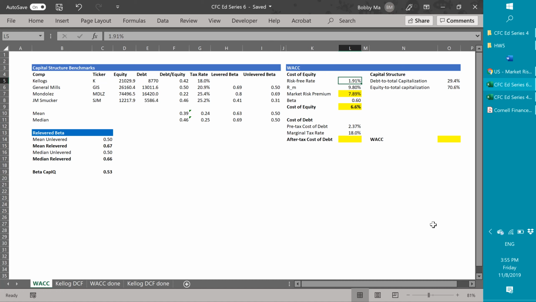As you can see, the Kellogg's bond is greater than the risk-free rate, and that makes sense because the government is risk-free and a company's not. You can also look this up on some database like Bloomberg, or you could just Google what is the yield to maturity of a Kellogg's bond, and you'll get 2.37.